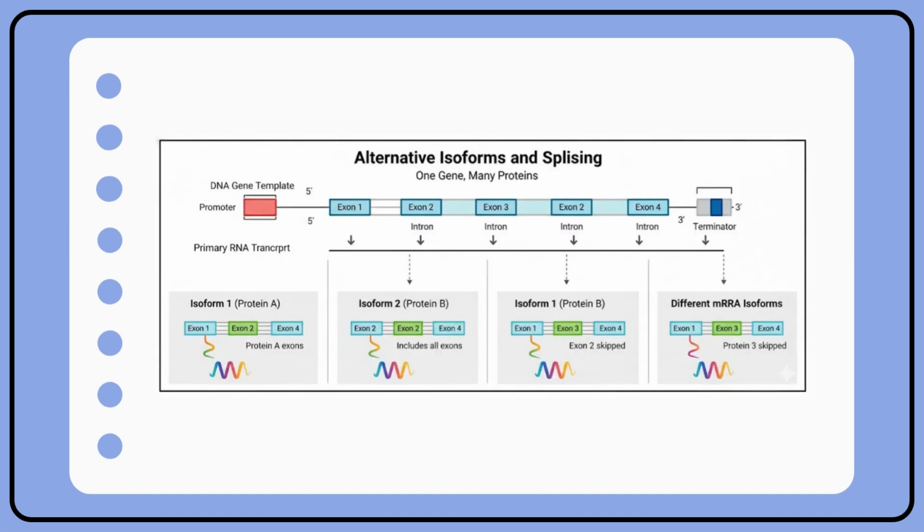And finally, we have alternative isoforms and splicing as a mechanism of the cell to control gene expression. This is actually about having just 20,000 genes, but producing hundreds of thousands of different proteins. And this is really interesting because we have a limited number of genes, but a very wide variety of different proteins at the same time.